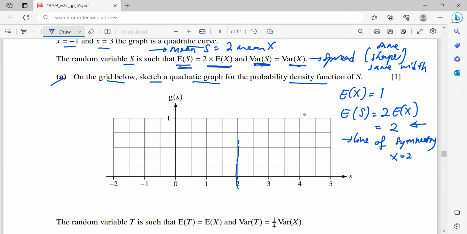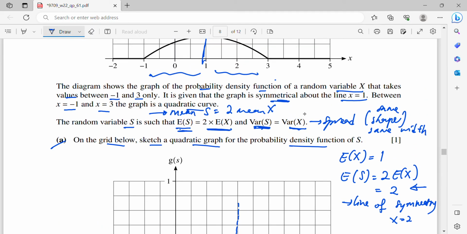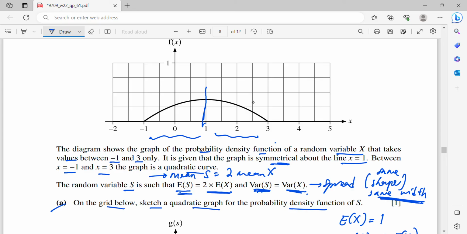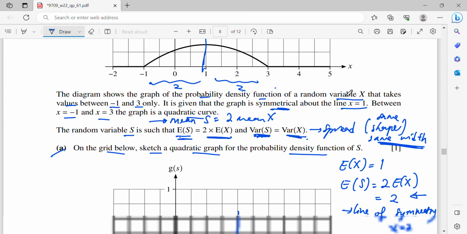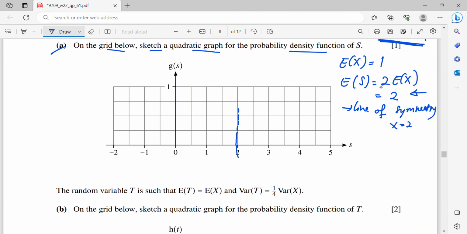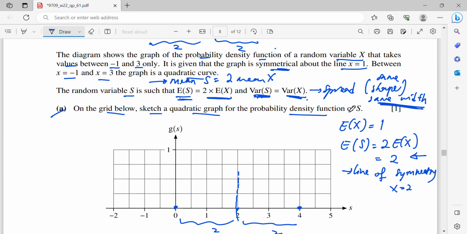Since the variance has the same value, it must be the same width. The width of the original graph is 2 units to the left and 2 units to the right. That means the width for the new graph, S, will also be 4 units. But our line of symmetry is 2. So here 2 units, here another 2 units, which means your graph will start at 0 and end at 4, to satisfy the same variance.